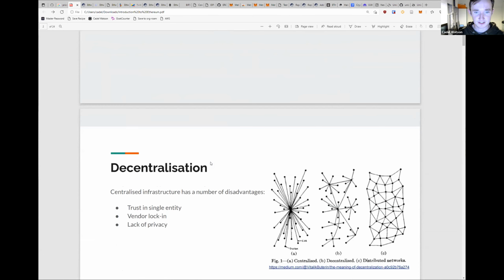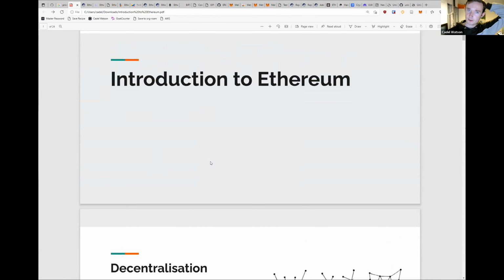To summarize today, we've gone through a little bit of an introduction to Ethereum. It's the most actively used blockchain, the second biggest blockchain by market cap. And what it does to improve on Bitcoin is it takes the concept of a blockchain and changes the state transition function to support smart contracts.